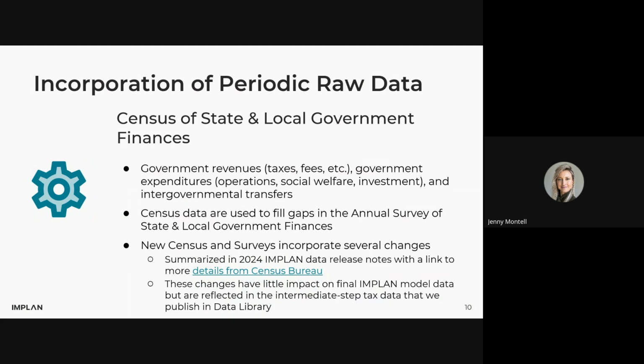But why the census is so important is because these data are used to fill in gaps in the annual survey of state and local government finances. So the annual survey of state and local government finances, as the name suggests, comes out annually, and it has all these same information on government revenues, expenditures, and transfers. However, as the name suggests, it's a survey, and so it doesn't cover all the units of government in the US.